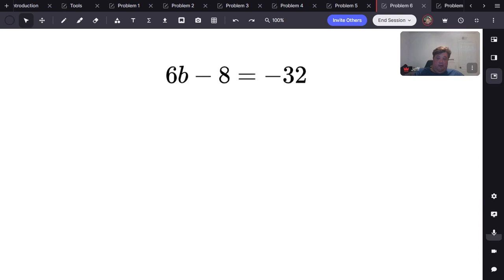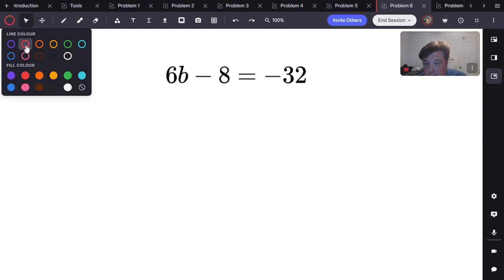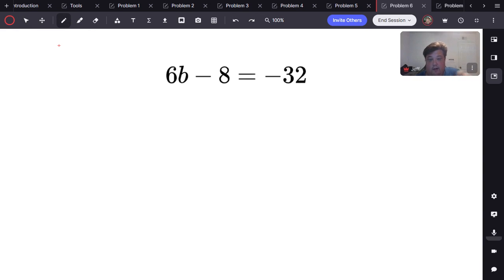What's being subtracted from the variable is the 8. The 6 is being multiplied, so we're going to do that last. We're going to add 8 to both sides of that equal sign, so that the -8 and the +8 cancel.